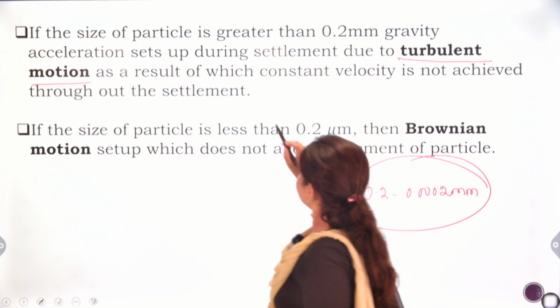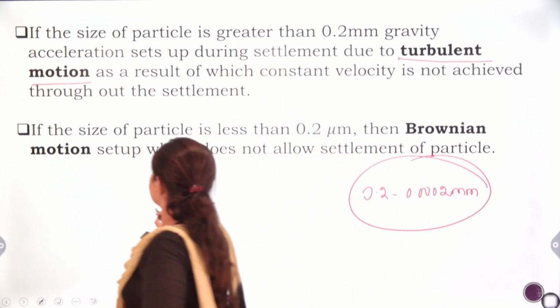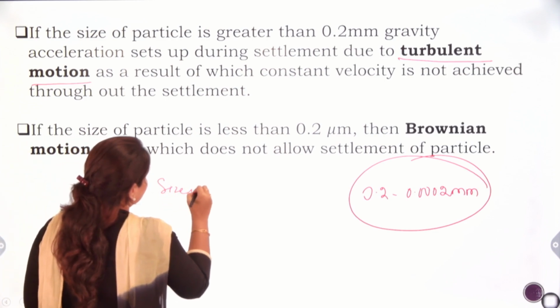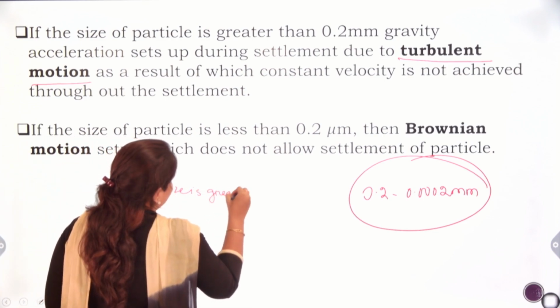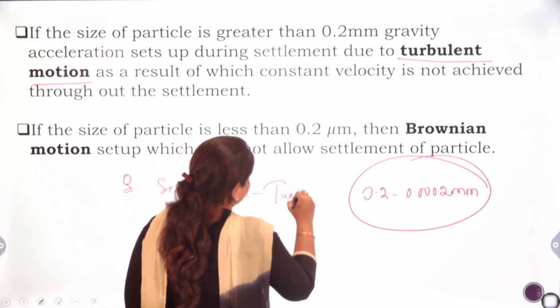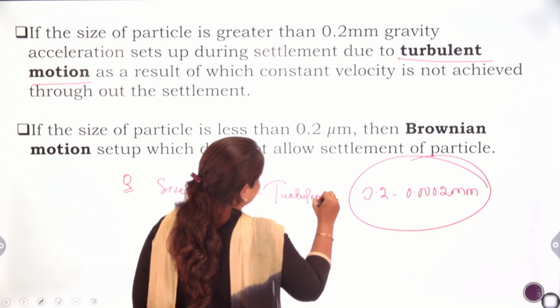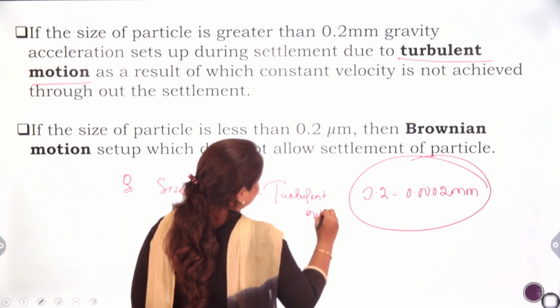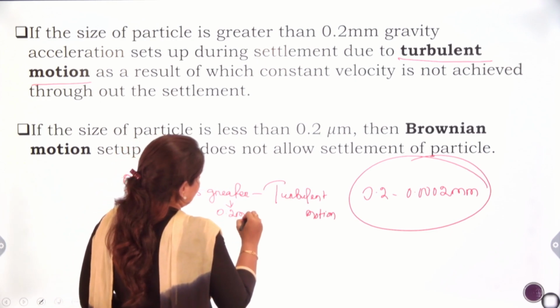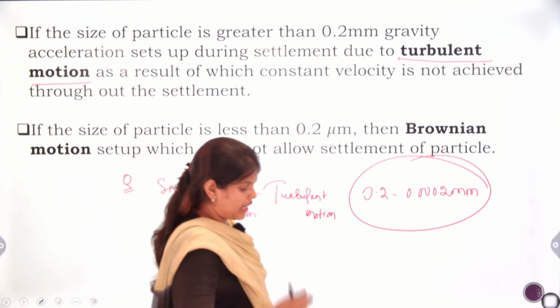This is a most important question: what happens if the size is greater than 0.2 mm? There will be turbulent motion.